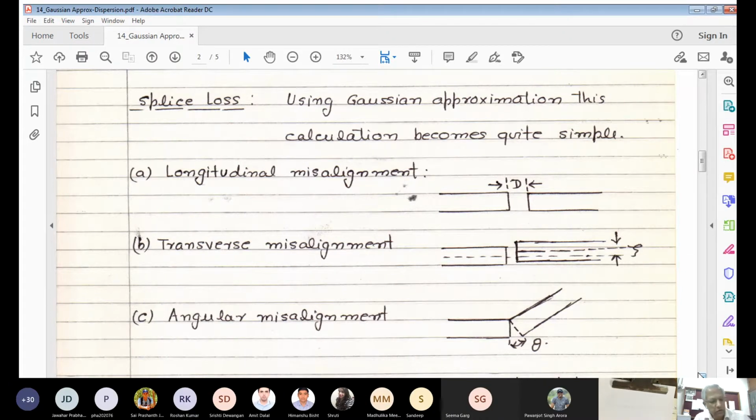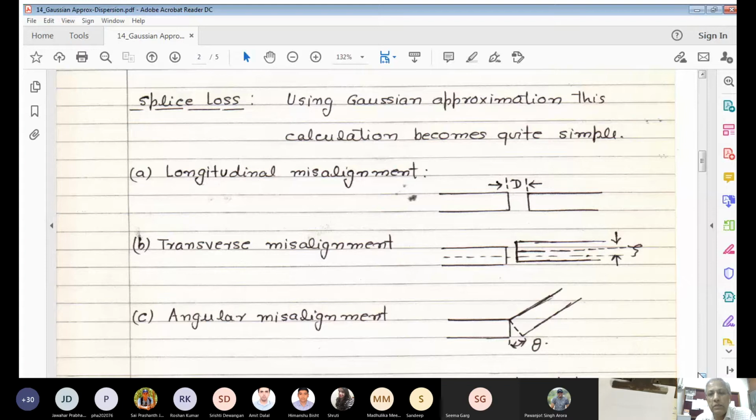With the splice machines we have, angular misalignment is not a real problem actually, but anyway, we will consider this also. And longitudinal misalignment is also not a very big problem.